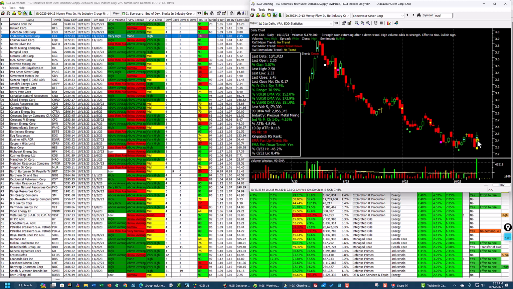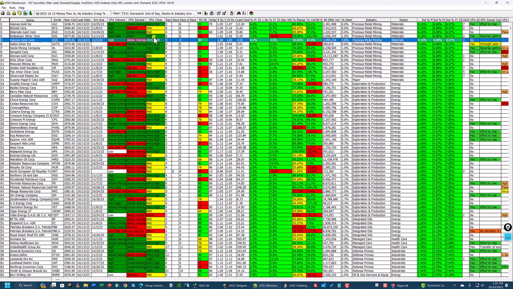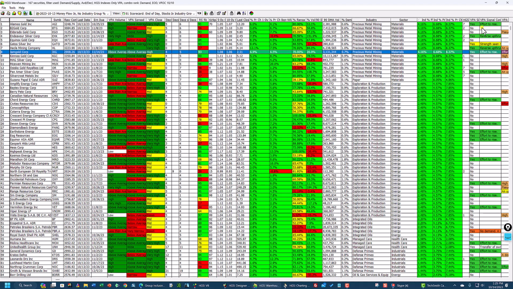Look at the buying that came in on this, though. It might be worth looking at. There's a lot of resistance on it, though. Not exactly what I'm looking for, but I'm just saying you can look at the VPA signals here and look for the stronger groups and see if you can find some potential trades without spending a tremendous amount of time.